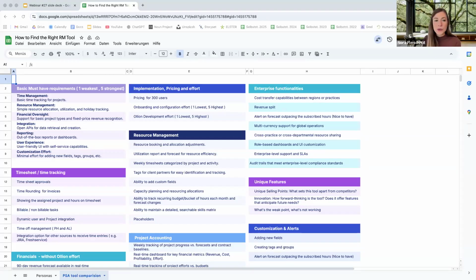And I'm curious also, for organizations that are struggling to find the right resource management tool, what advice would you give to them? Are there any early indicators that a tool or process might not be the right fit? Well, yes, of course. It's more like an advice.